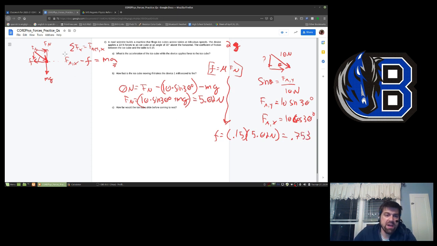Okay, back to my horizontal dimension. I now have a number for that, I have a number for that, I have a number for that. The acceleration is the x component of the applied force minus the friction, that's the net force in that direction, divided by the mass.